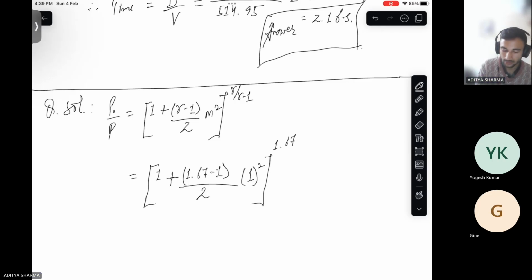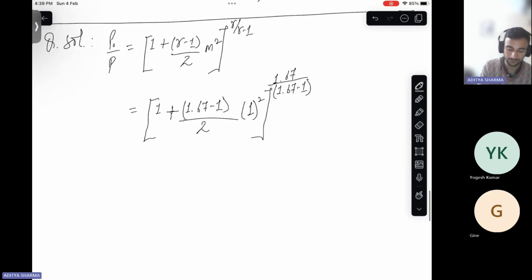There is no doubt in it. So this value inside the bracket comes out to be 1.335.